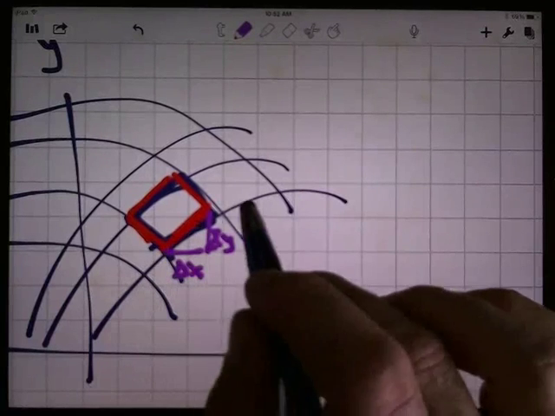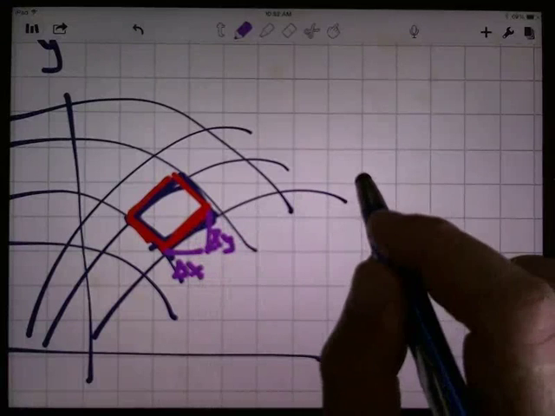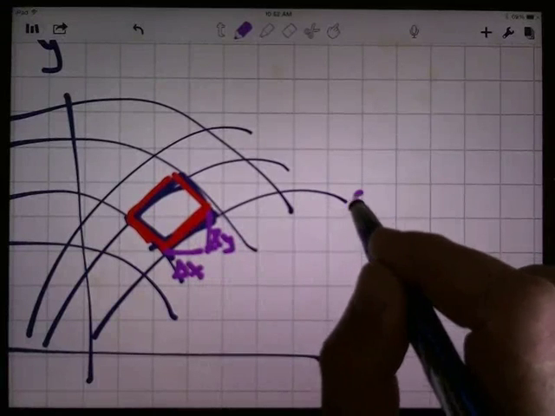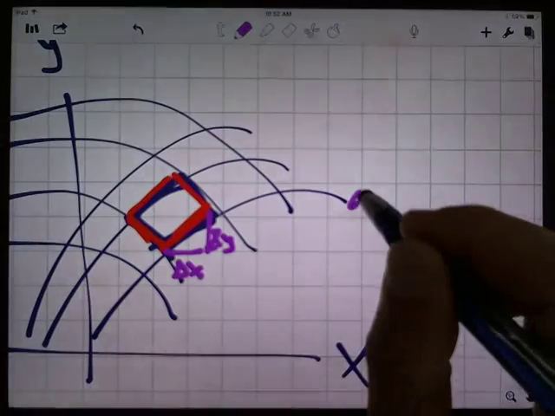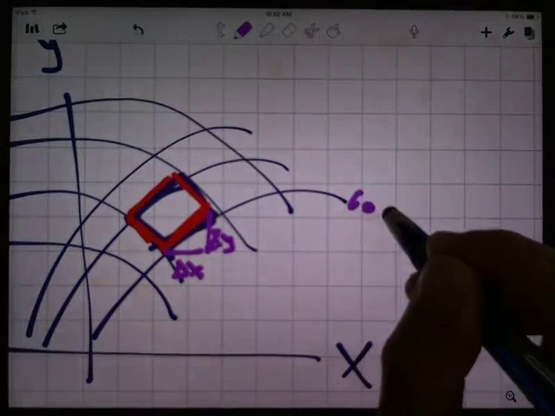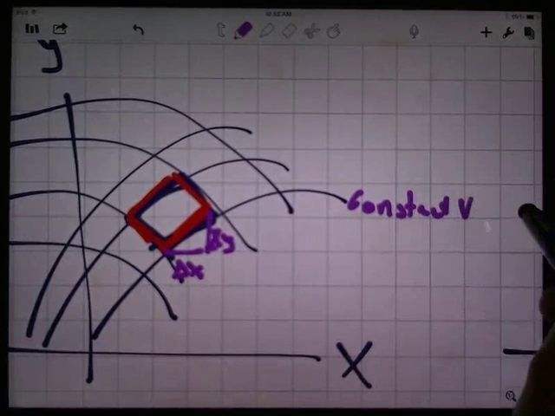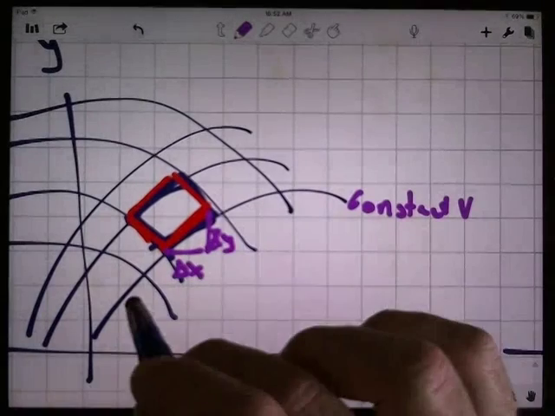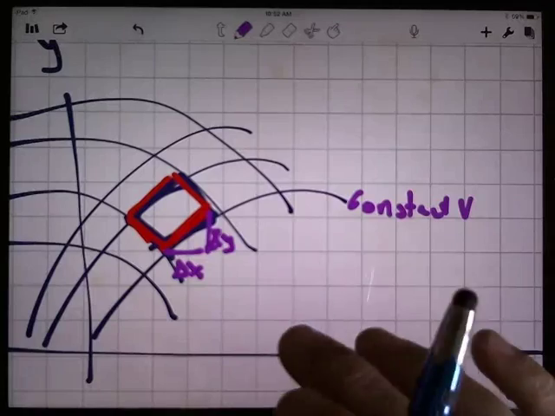And this curve, I don't remember whether it was u as a constant or v as a constant, but let's just say this was a constant value of v. So I'm changing u along that, and then I'm changing u for a different value of v along this curve.